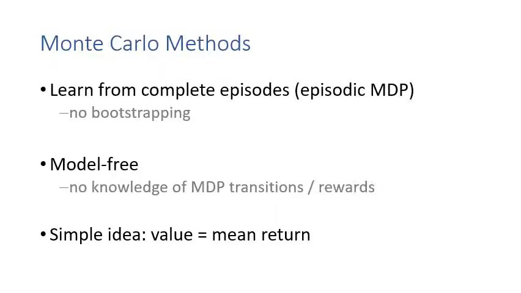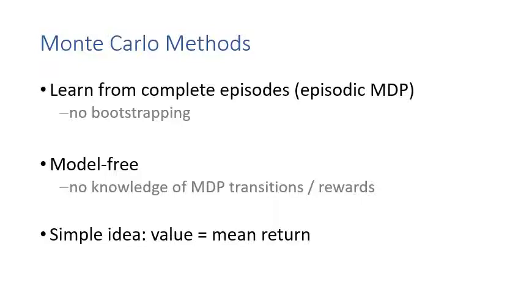It has three features. First, it learns from complete episodes. In other words, we need to keep playing the game until game over, get the reward, and trace back and update our value function. Second, it's a model-free method.